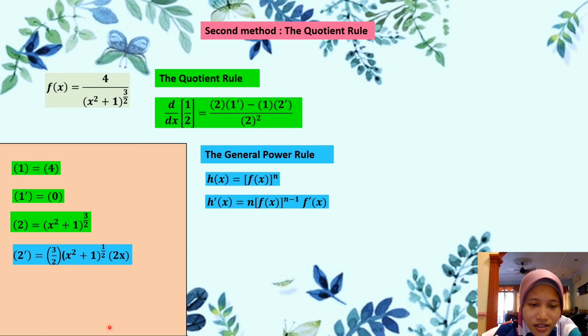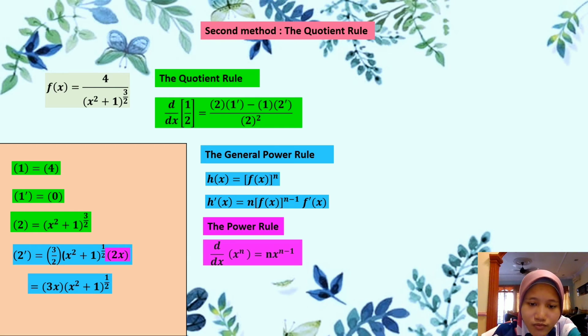Another way to get 2x is to use the power rule: x to the power n gives n times x to the power n minus 1, so 2 minus 1 is 1, and we get 2x.